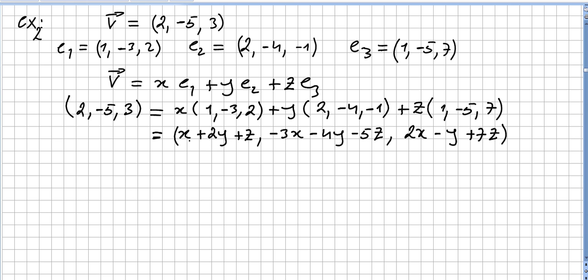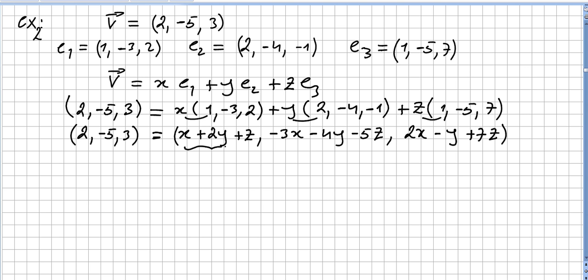So that will be (x + 2y + z, -3x - 4y - 5z, 2x - y + 7z), and this should be equal to (2, -5, 3).